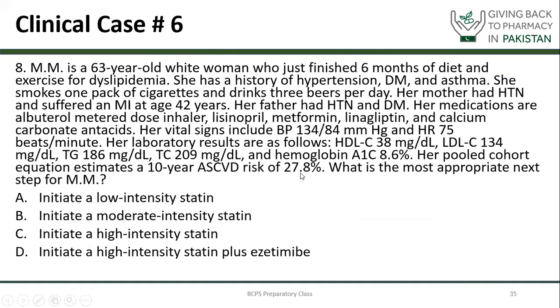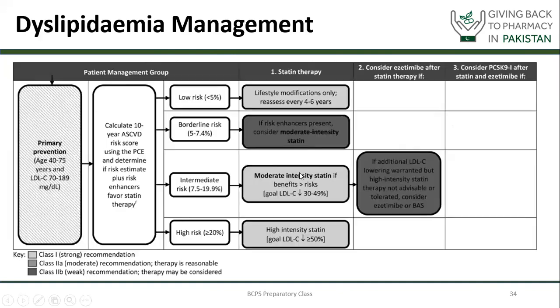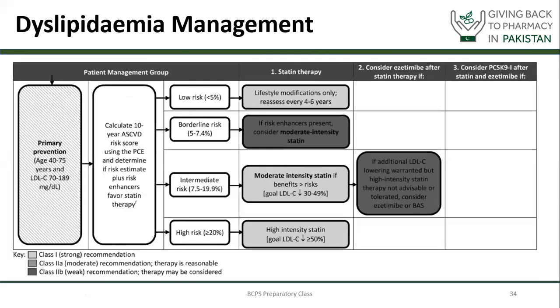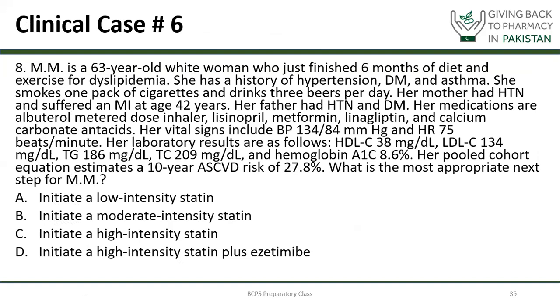So in this condition, even if you take this patient in here, where the ASCVD score, you have to go high intensity therapy. So even if you evaluate this patient in two categories, the patient needs to initiate high intensity statin therapy. This is the choice C.